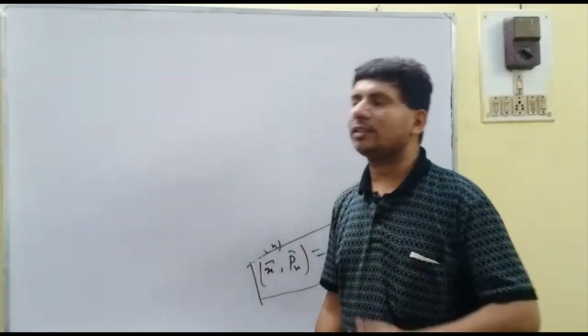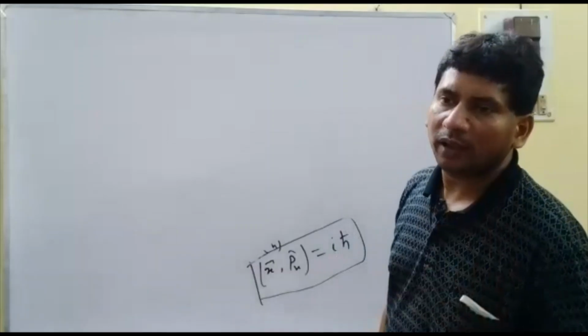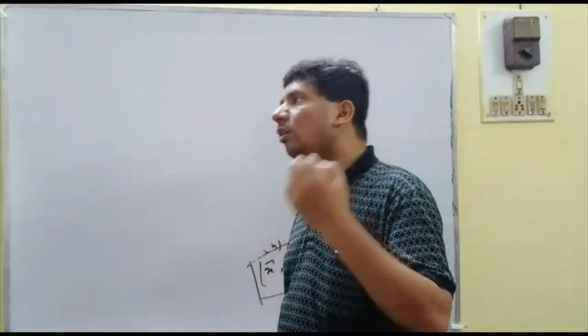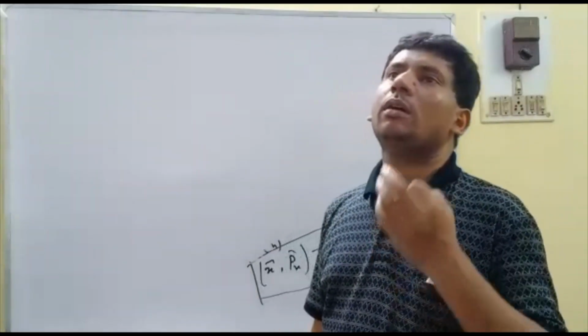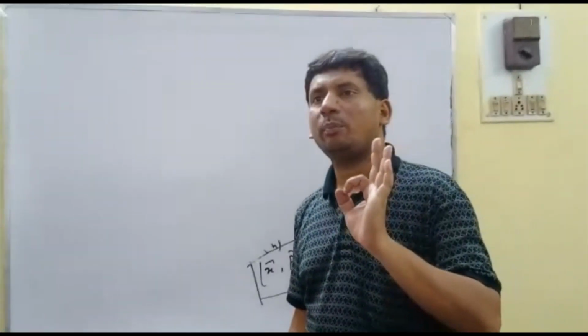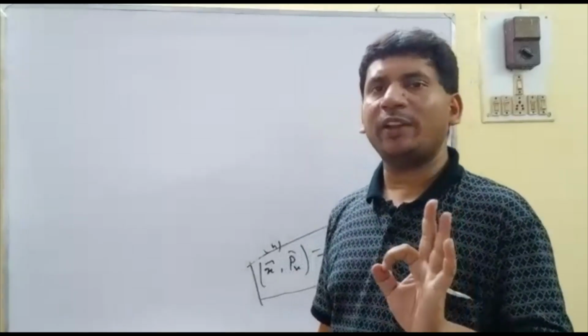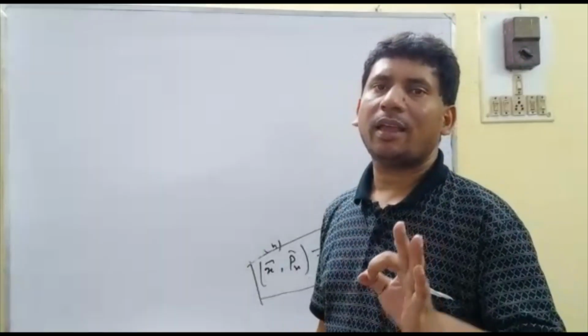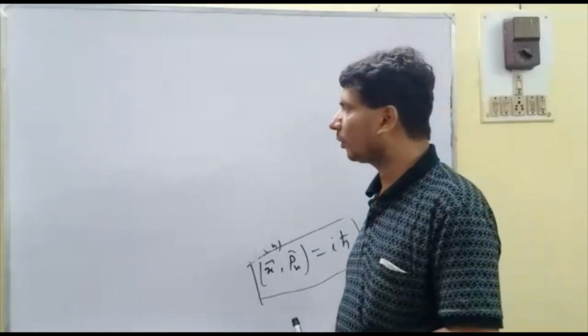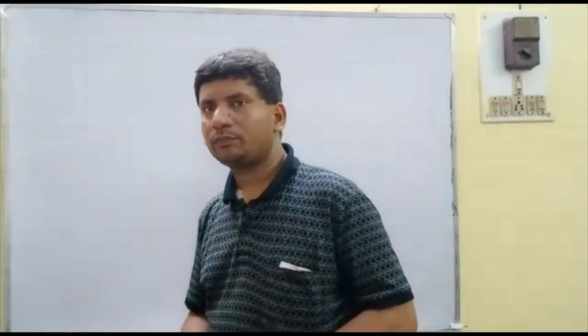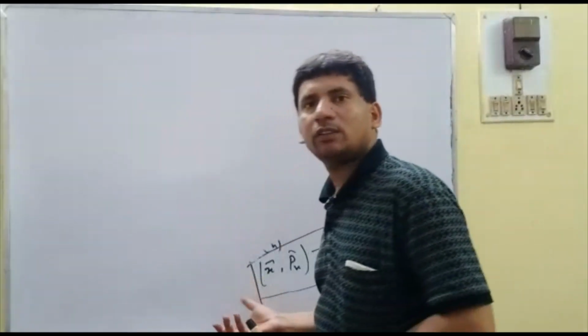If we try to measure, there will be some error. The amount of error delta x into delta p_x must be equal to or greater than h by 2 pi.